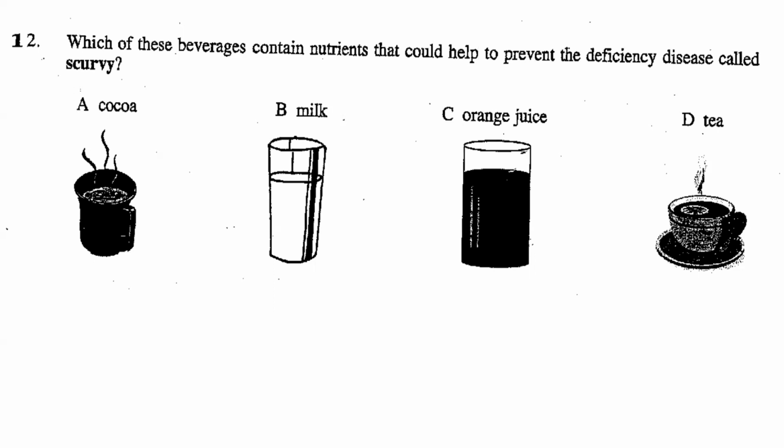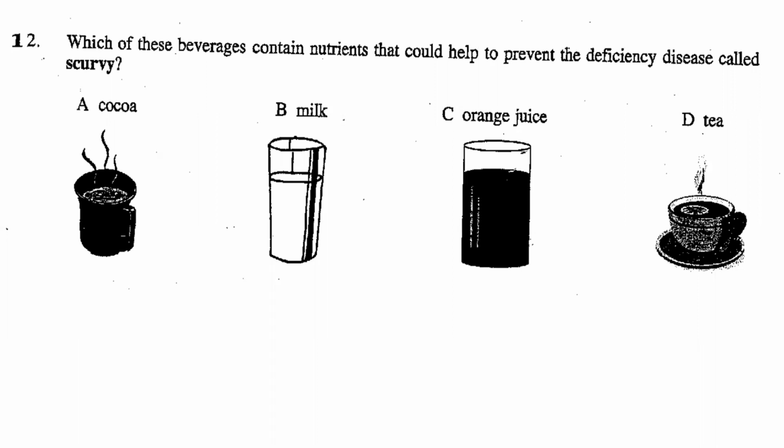Which of these beverages contains nutrients that could help to prevent the deficiency disease called scurvy? Read the options, please. A, cocoa, B, milk, C, orange juice, and D, tea.